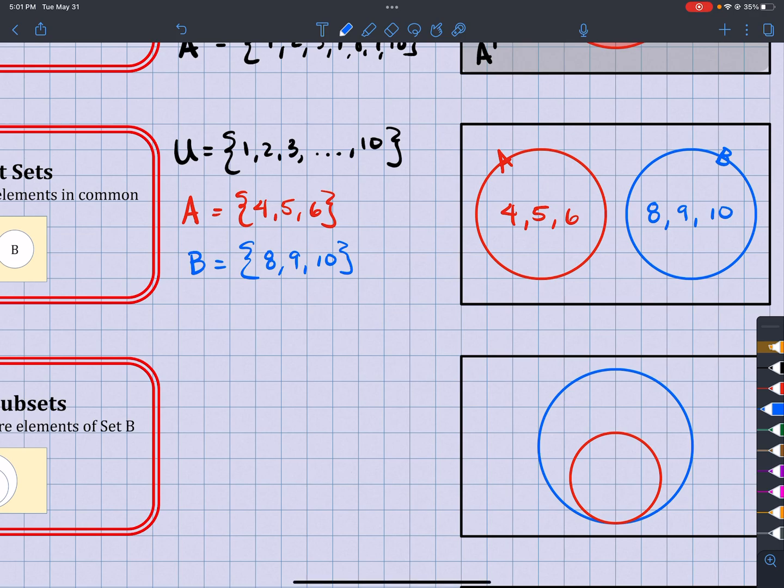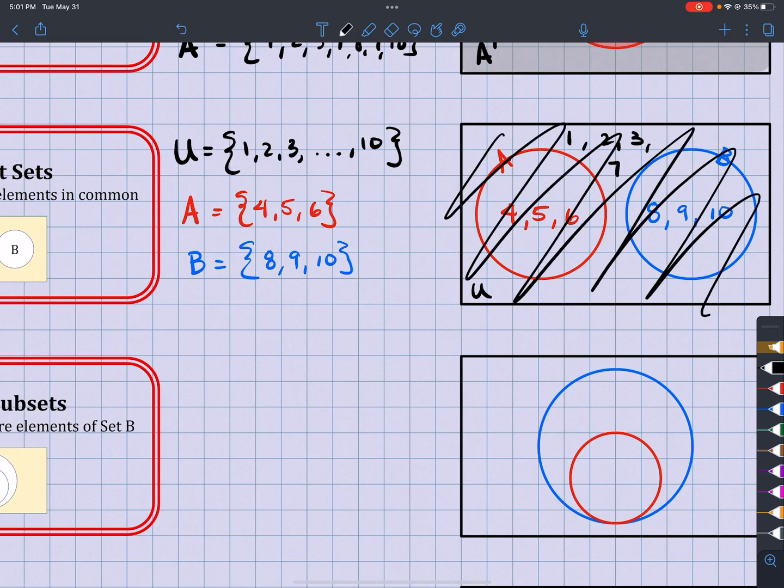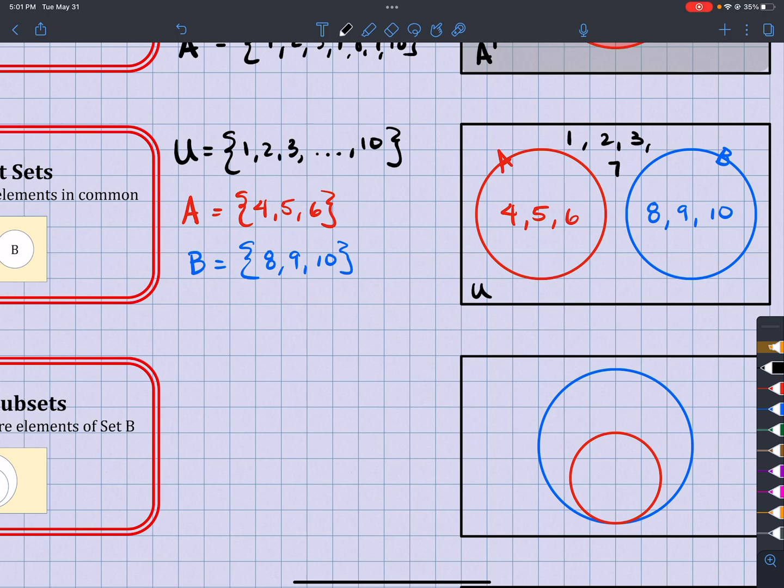What's not in those two will be the rest of the numbers. So the universal set has 1, 2, 3, and 7. This way I still have those 10 elements as the universal set, which is the whole box, everything in it.